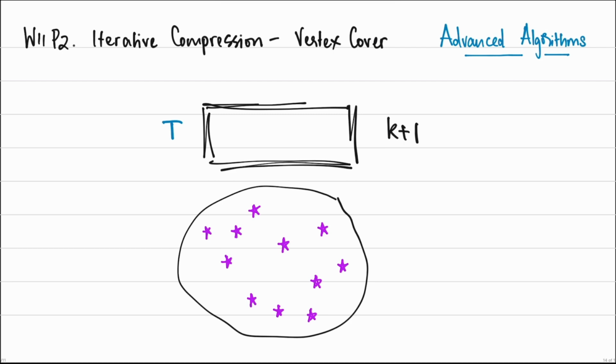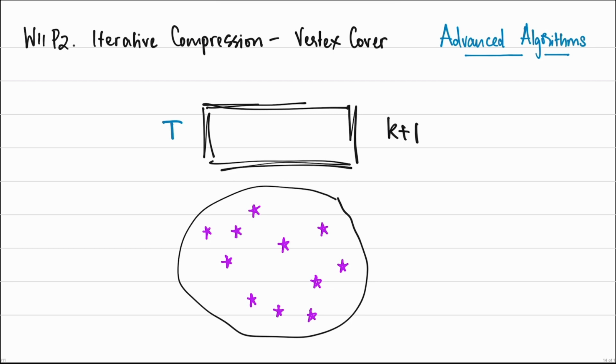And one way to think about our solution of size at most k, if it exists, the one that we are looking for, is to think about where the solution overlaps with T. We don't know anything about this solution, but what we can do is go over all possible ways in which the thing that we are looking for overlaps with the thing that we have. And notice that that's doable because T is small.